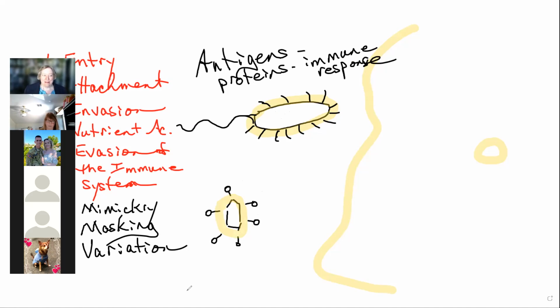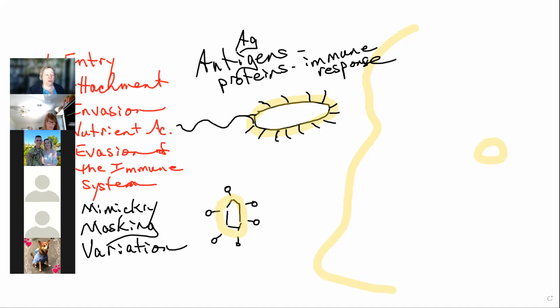Peptidoglycan is an antigen. Anything that is foreign is going to stimulate an immune response. All of these, and by the way, we abbreviate this as AG, so we have antigen mimicry, antigen masking, and antigen variation.